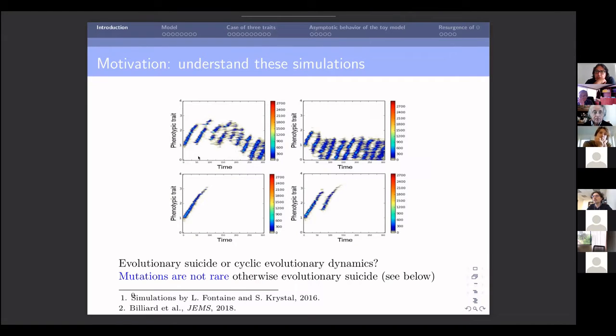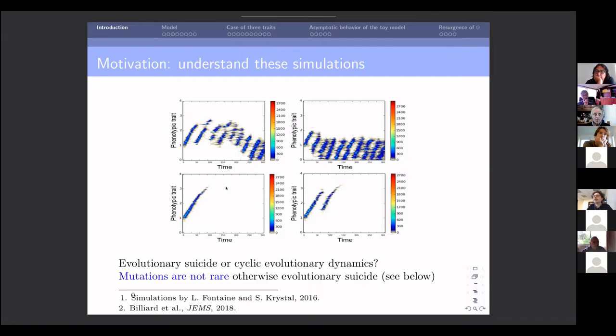You may find, for example, dynamics like in the lower left picture, where the trait in the population increases up to some value where survival is no longer possible for the population. And so we have what is called evolutionary suicide. Evolution drives the population to increase the trait up to some point where it's no longer possible to survive, so there's nobody left after that.